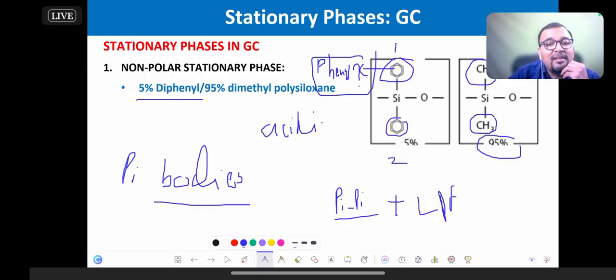Possible or not possible? Especially hydrogen bonding is possible with this phenyl ring. So hydrogen bonding is also possible in the presence of a protonated acid, like maybe OH, or COOH could be the better example, right? COOH.